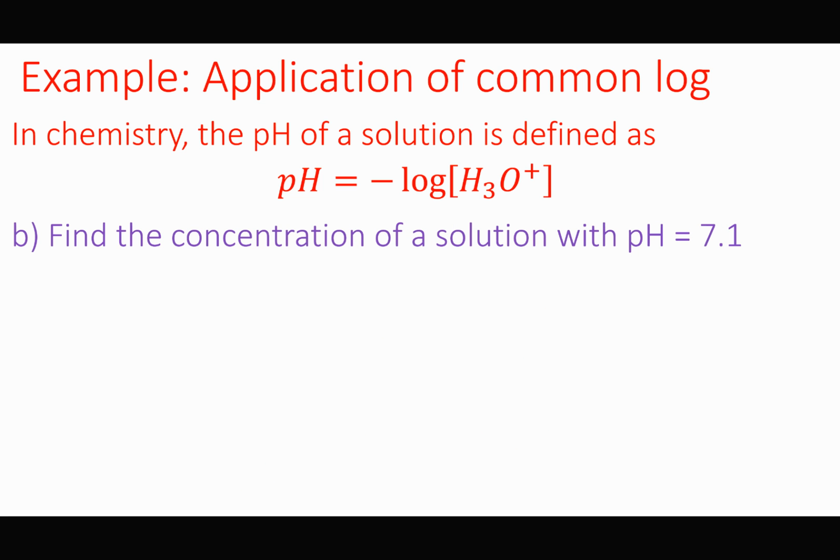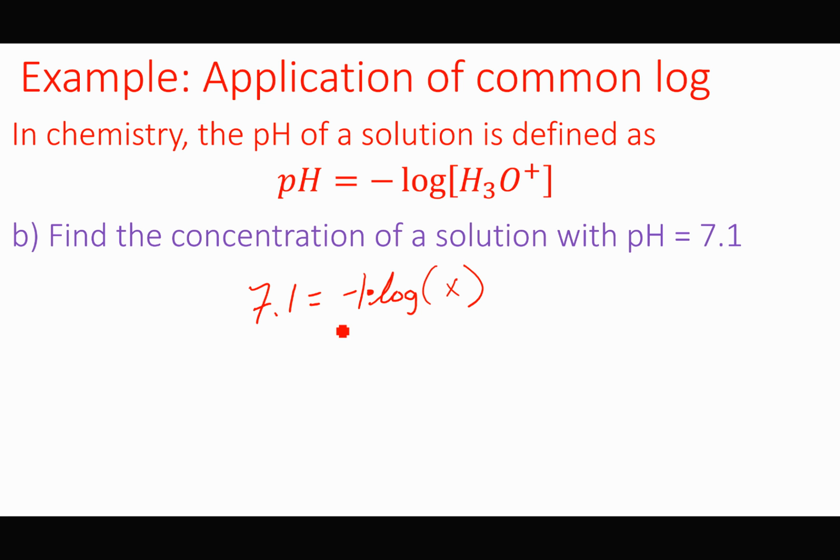Now, same setup, but now we want to find the concentration. Okay, and they tell us the pH is 7.1. So we're essentially trying to find this unknown. Well, this is really negative 1 times log of x, or log of our unknown.